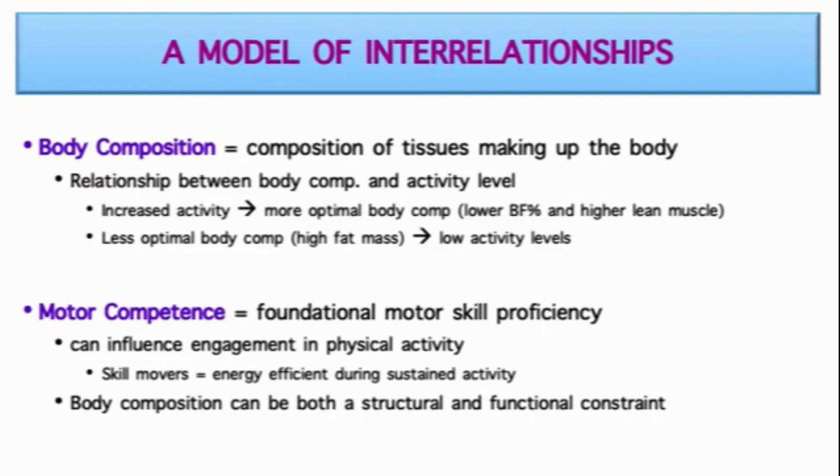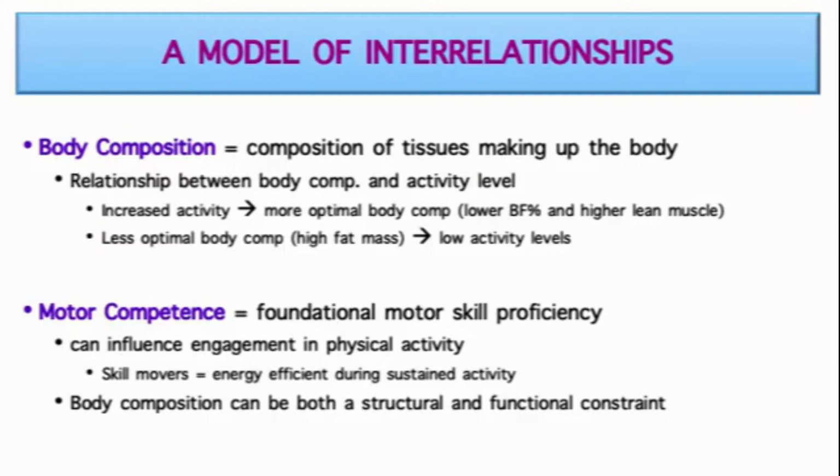So we could also use an example of overweight individuals, right? If they don't think that they can do something because of their weight, they are less likely to engage in that activity. So you can see how body composition, physical activity, and motor competence are kind of woven into this network, right?